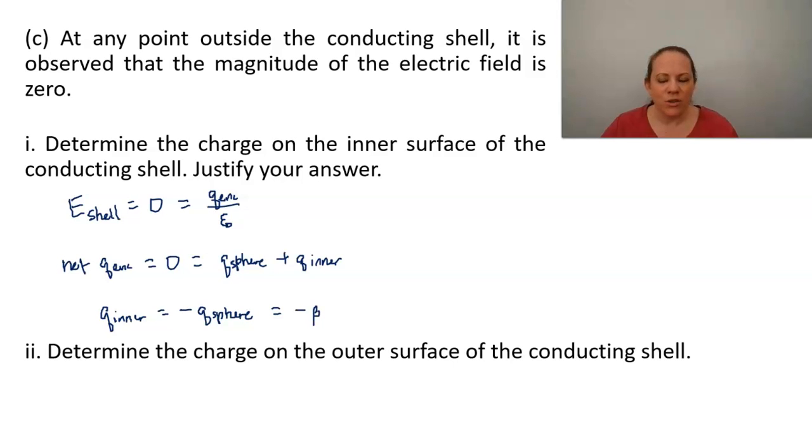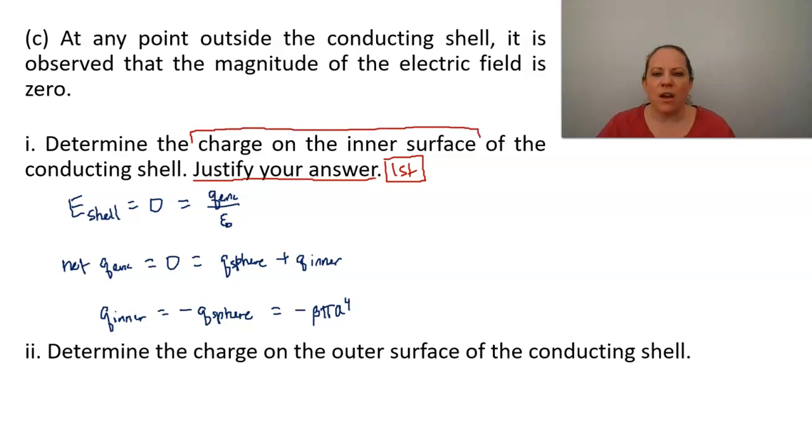So the charge on the inner surface of the shell will be negative beta pi a to the fourth. And so notice something that I did here. I actually did the justify my answer part to handle all of the thinking through all the steps before I actually made a statement of the charge on the inner surface of the shell. So that is one of my pro tips for how to answer questions like this.